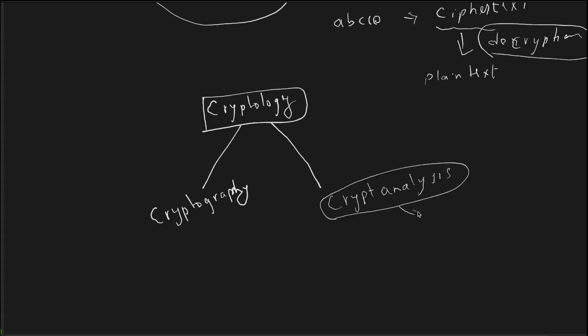Some might even see this as a process of hacking the cryptographic algorithms, but it is perfectly legal. So cryptographic researchers perform analysis on the cryptographic algorithms in order to find the loopholes in them, and then try to make them as good as possible, try to make them unbreakable, basically. These are the two main branches within cryptology.